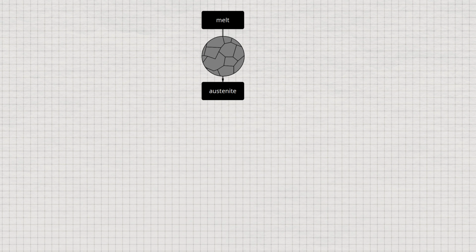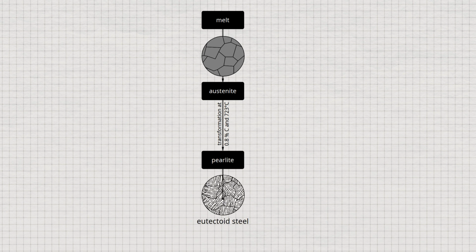In a eutectoid steel containing exactly 0.8% carbon, the face-centered cubic austenite changes at 723 degrees Celsius to the body-centered cubic ferrite structure, which is insoluble for carbon. The insoluble carbon precipitates from the austenite in the form of strips. At room temperature, the microstructure consists of ferrite grains with embedded cementite lamellae. This phase mixture is called pearlite.